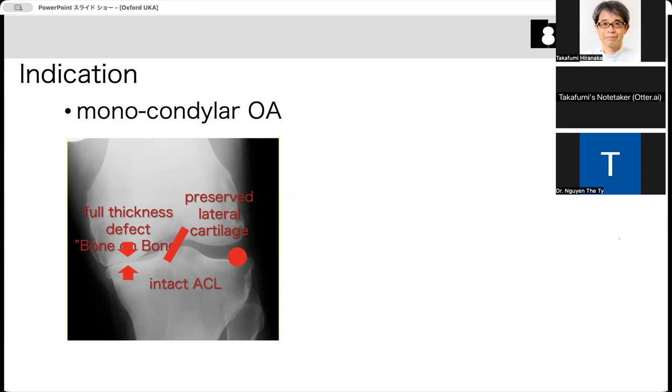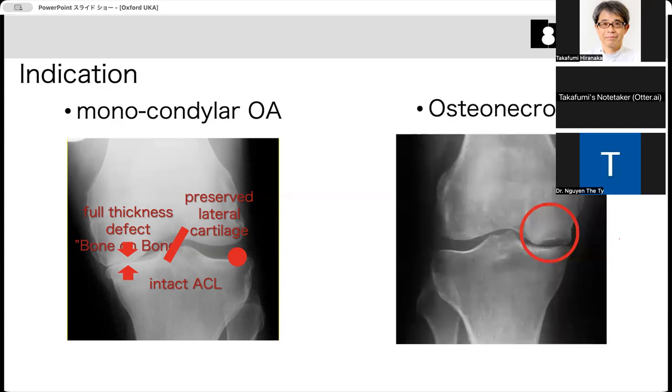Failure condition. Oh, this is a cartilage lesion and osteonecrosis. This is a bony lesion, a kind of pathological fracture due to, I'm not sure, nobody knows the reason of necrosis.